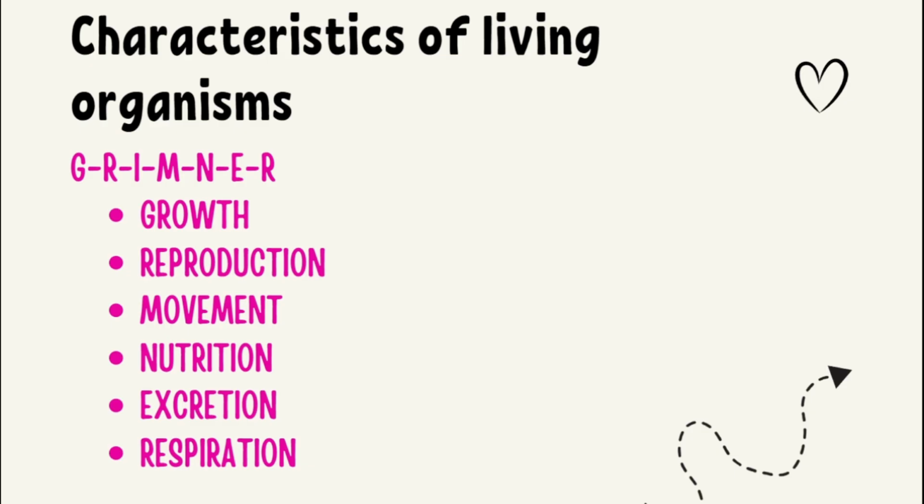For example, if somebody pinches me right now, I feel it and I'm going to react. That's because I'm a living organism. The stimulus is the fact that somebody pinched me, then I feel the pain. That's the sensitivity, and then I'm going to respond to it. So that's essential for living organisms.